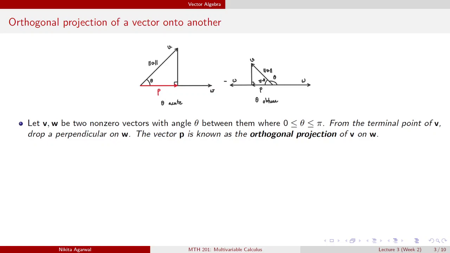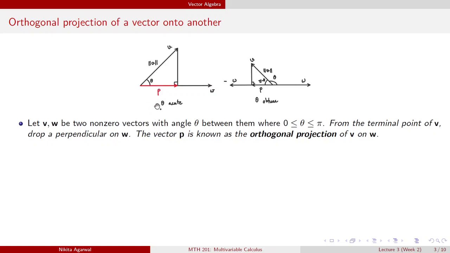So let us begin with defining the orthogonal projection of a vector onto another. Let V and W be two non-zero vectors with angle theta between them, where theta lies between 0 and pi. In the above pictures, I want you to focus just on the vectors V and W, and this is the angle theta between them.